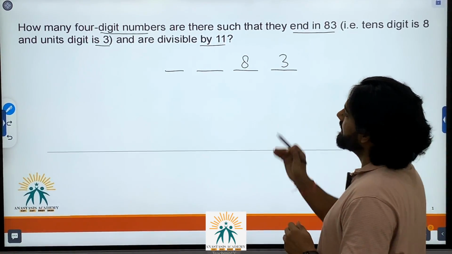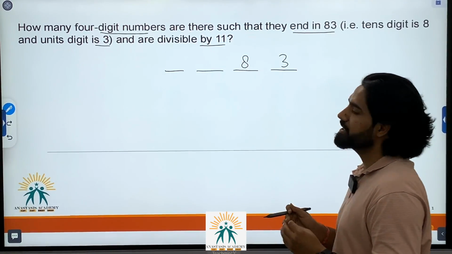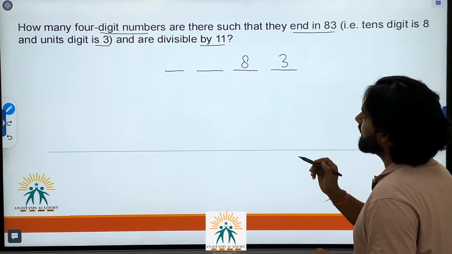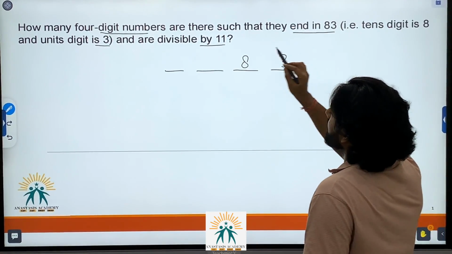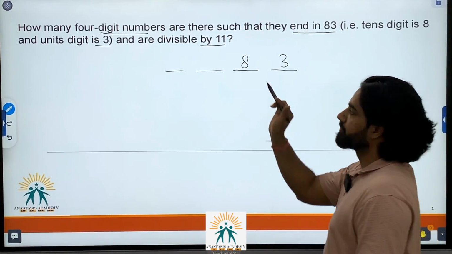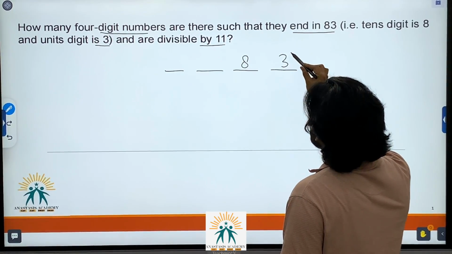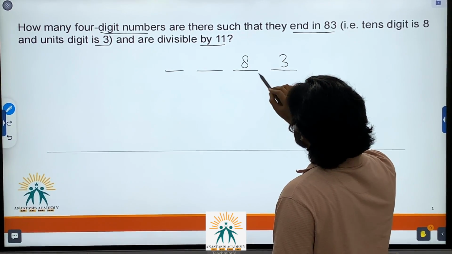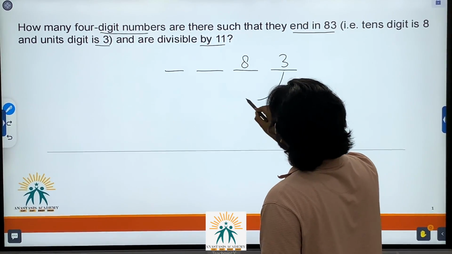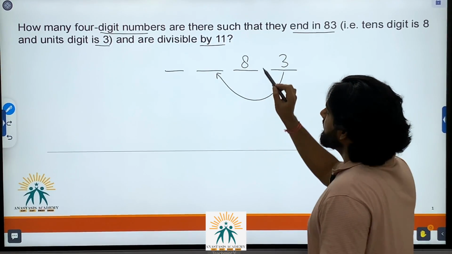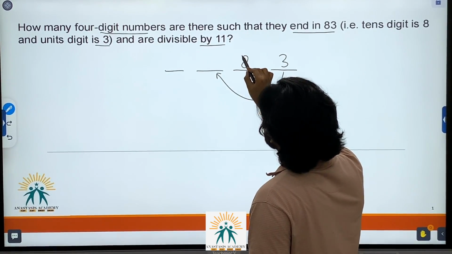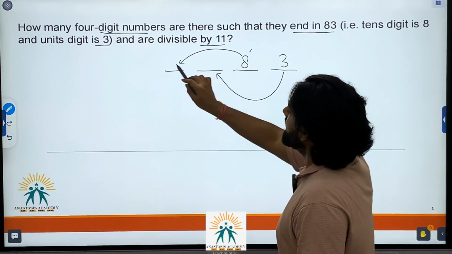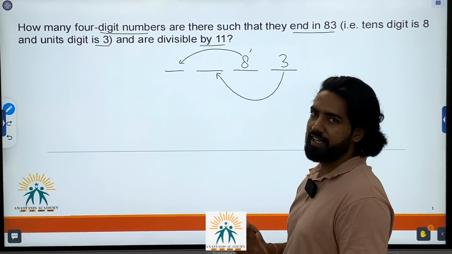So precisely it's a question of the divisibility rule of 11. We know the divisibility rule of 11, right? The divisibility rule of 11 is the difference of alternating sums: the alternating sum starting with the units digit, that is this digit plus this digit, and the alternating sum starting from the tens digit, meaning the sum of the second digit and the fourth digit, right?